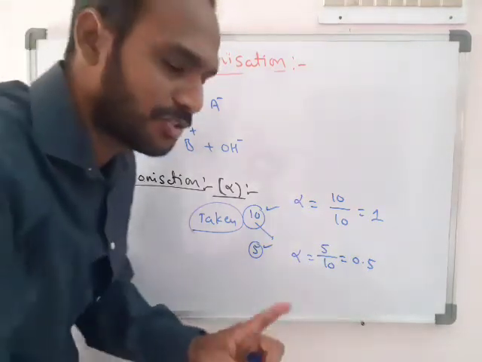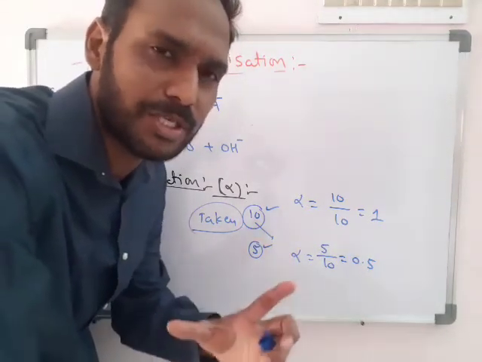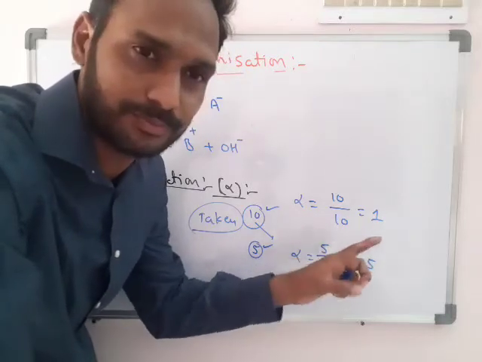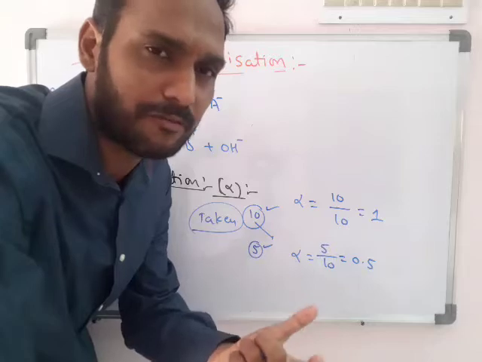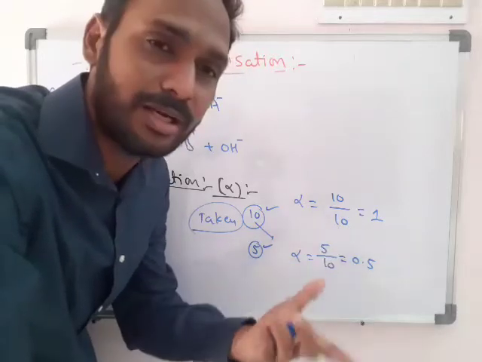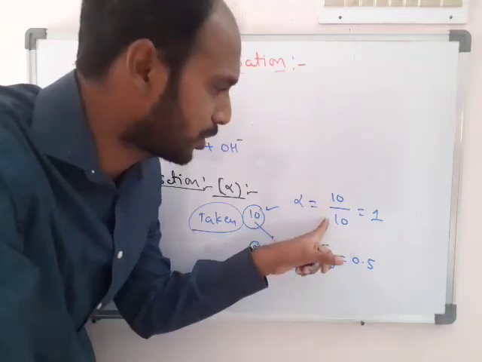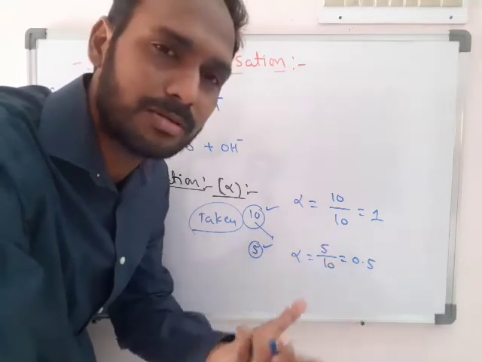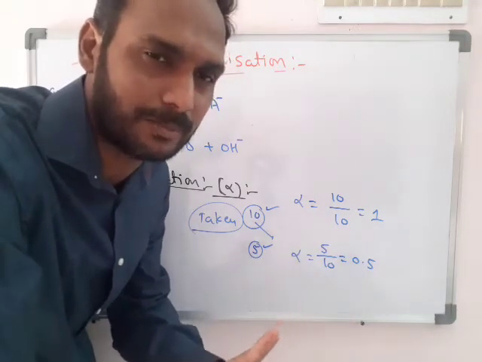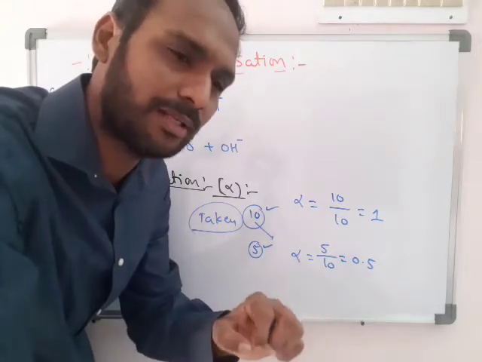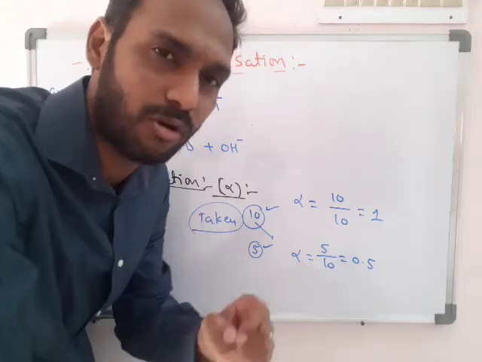For strong acids, they dissociate maximally, so they are near to 1. It may not be exactly 100%, so alpha is 1 or near to 1. There is no choice of being more than 1, because the dissociated molecules can at most equal the taken molecules; there is a maximum capacity. So the maximum value of alpha is 1, and if it is 1 or near to 1, that will be a strong acid.